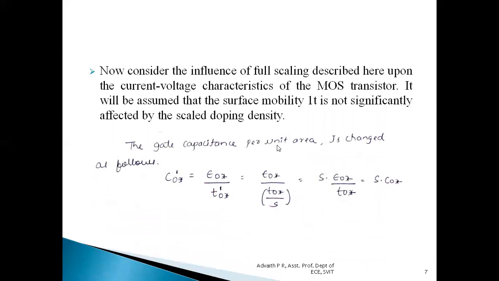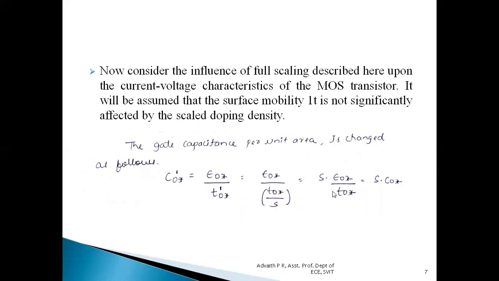The gate capacitance per unit area is changed as follows. COX dash, which is the new gate oxide capacitance after scaling, will be equal to epsilon OX divided by TOX dash, which is equal to epsilon OX divided by TOX divided by S, where S is nothing but the scaling factor. Instead of representing it as TOX dash, we have represented it as TOX divided by S. I'll shift this S to the numerator, so it becomes S into epsilon OX divided by TOX.